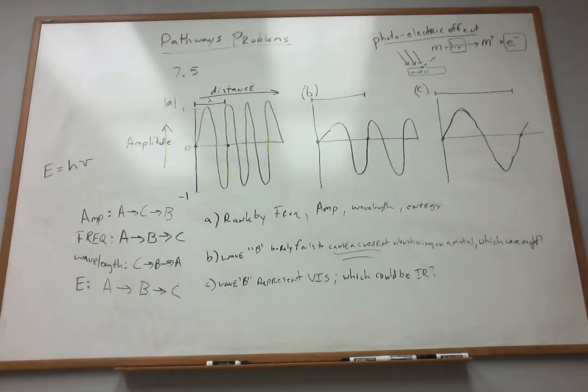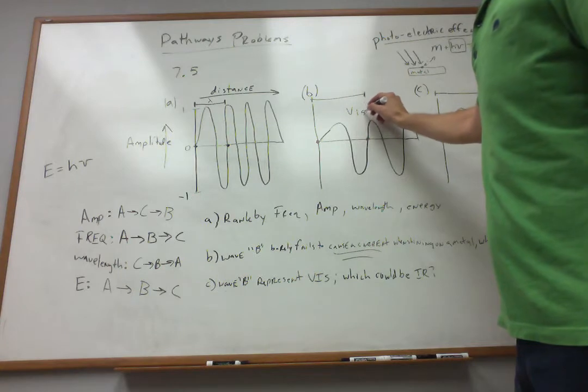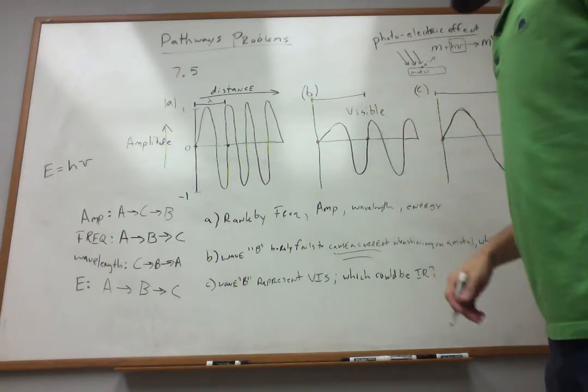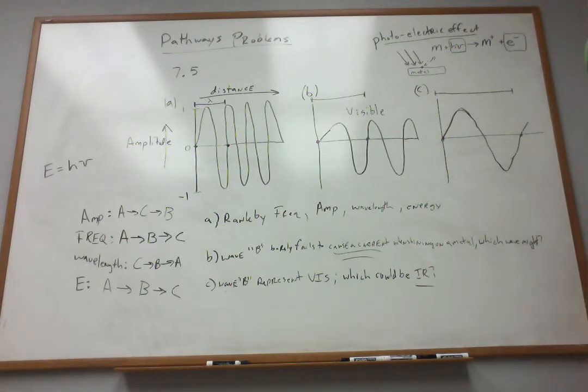All right, so the last part then, it tells us that wave B in the middle is supposed to represent visible light. If that happens, which one of these waves might be infrared, or IR? Well, we already said that infrared light is a little less energetic than visible. It's got longer wavelengths, okay? So the logical choice to me is that C could be infrared because it's got a longer wavelength and is less energetic than our visible.